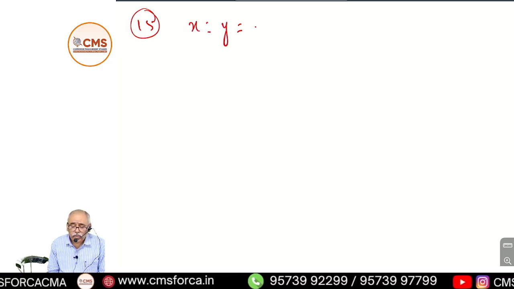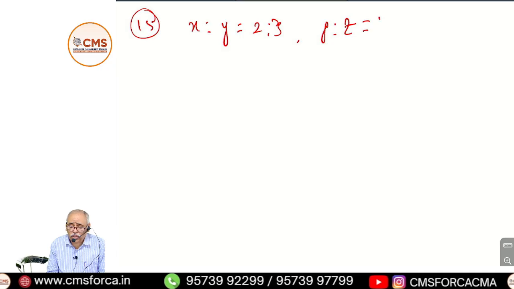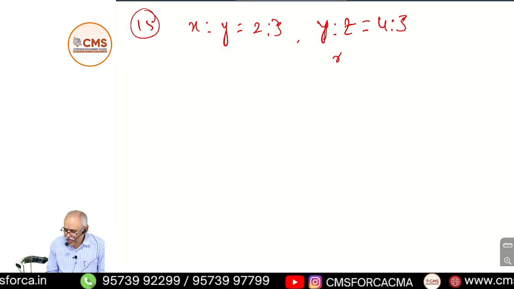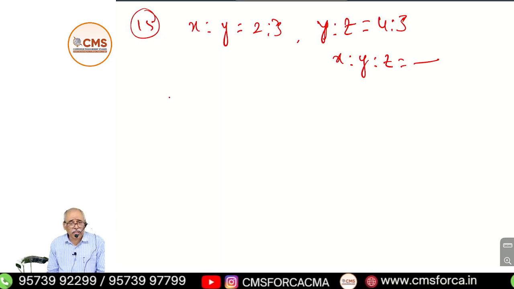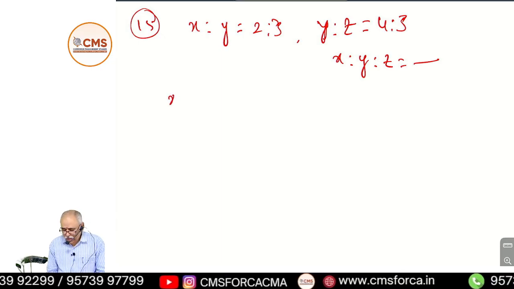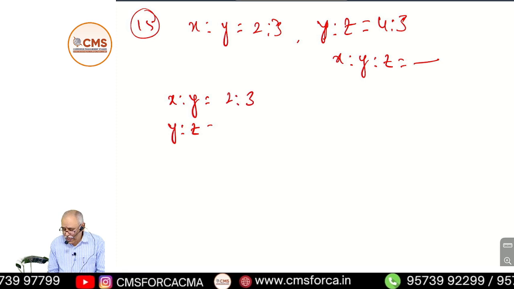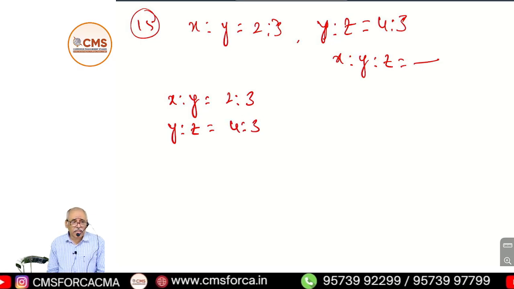Next, question number 15. x is to y is equal to 2 is to 3. y is to z is equal to 4 is to 3. They asked x is to y is to z. We did a similar problem. 4 3s are 12, so the LCM is 12.